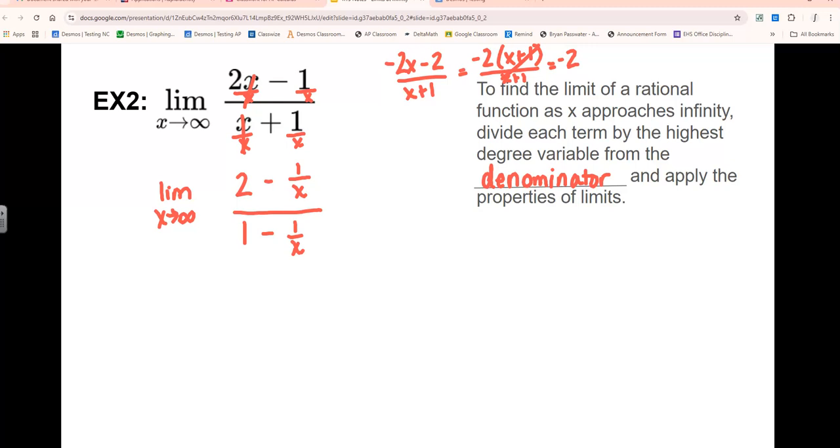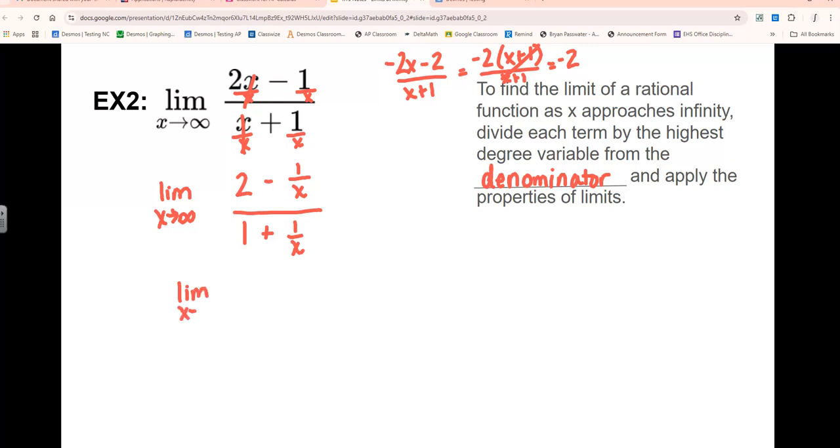Okay? So properties of limits tell me I can take the limit of all these pieces separately. So I'm going to write this down. I never write this down when I'm actually doing the problems. I just think it in my head, but I want to be very clear about what's happening here for you guys.